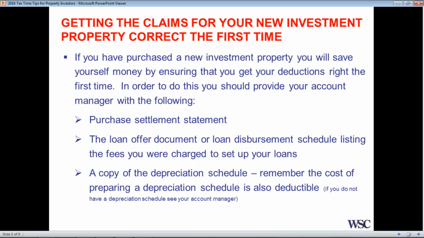And if you don't have a depreciation schedule, even on an older property, it's in most cases advantageous to get one, because the benefits you'll get will far outweigh the cost of the actual depreciation schedule. Many of our clients prepare these well after the fact, and they've actually missed out on deductions for earlier years, and we can't go back and amend those returns because we can only go back and amend returns for 2 years.